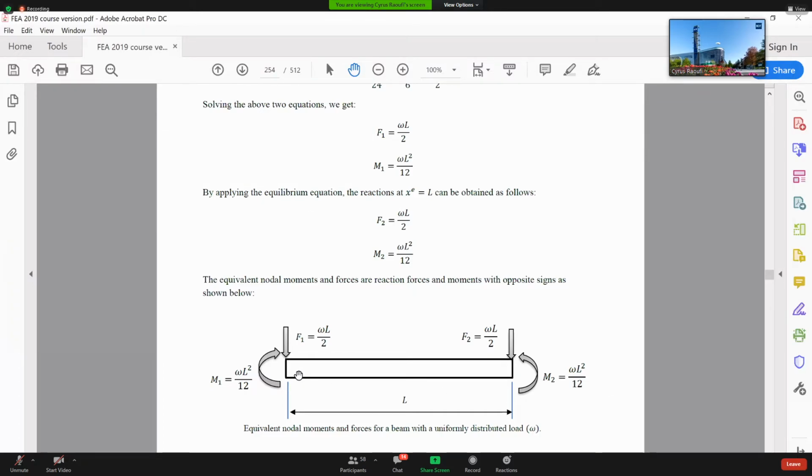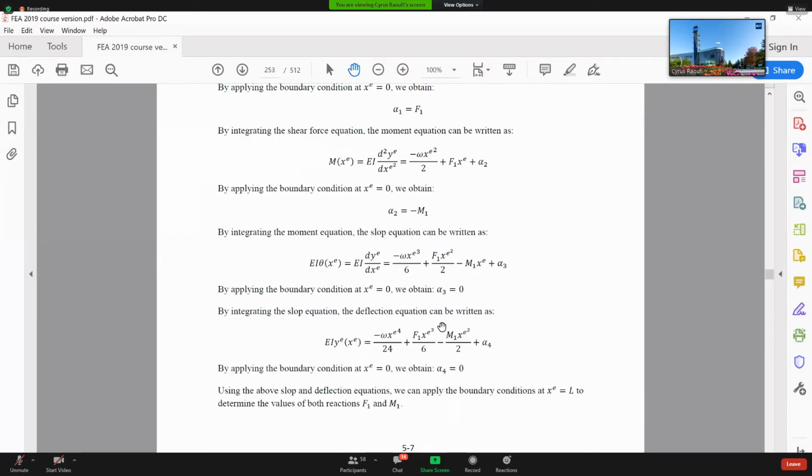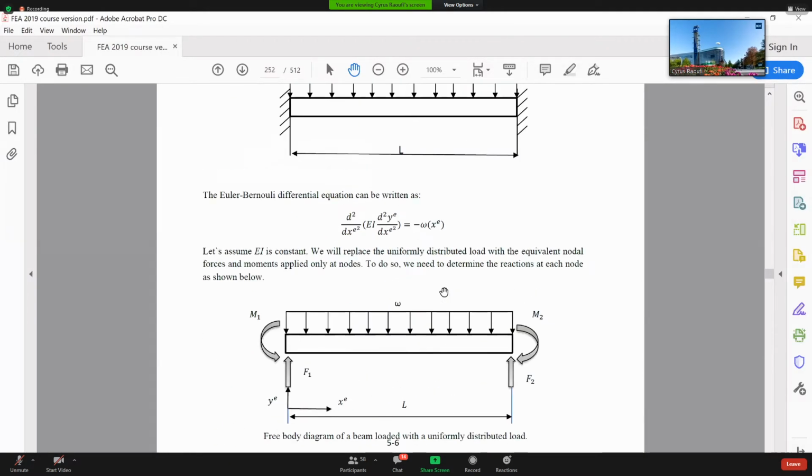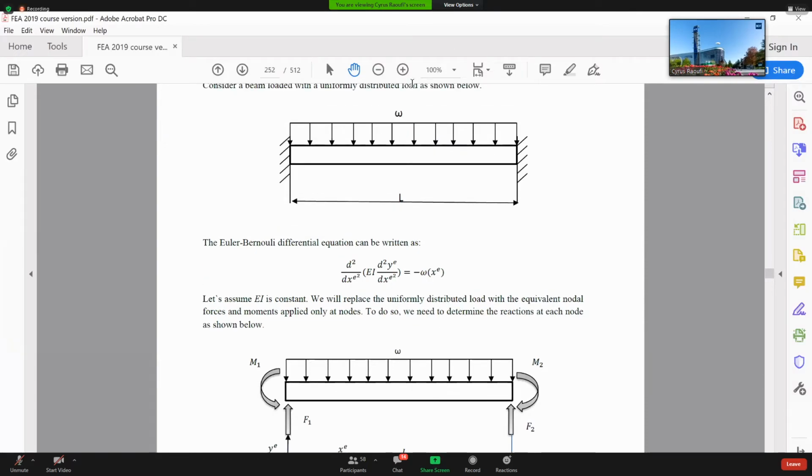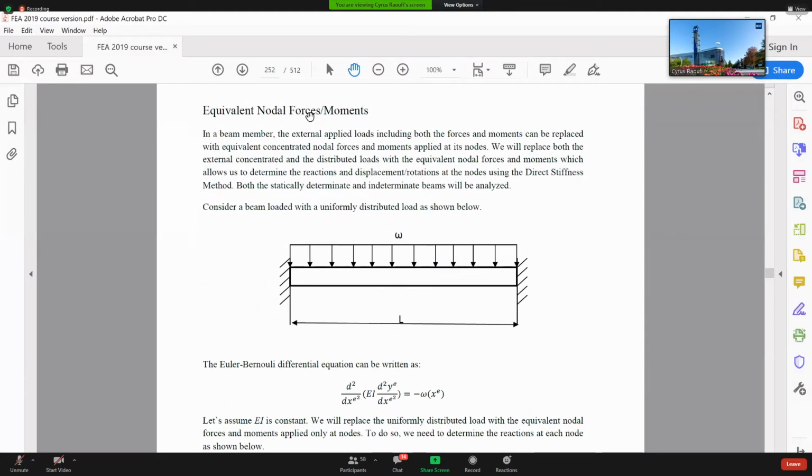The result is the same deflection, same stress in the element. But the good thing here is that those are nodal forces and nodal moment, meaning that I can solve this problem and end up with the result that I have for that problem. And that's the power of equivalent nodal forces and moments.